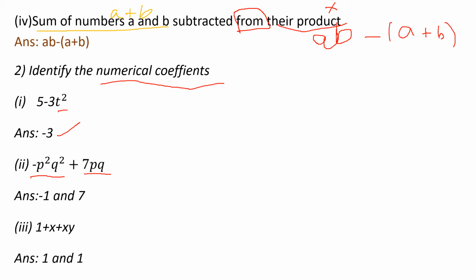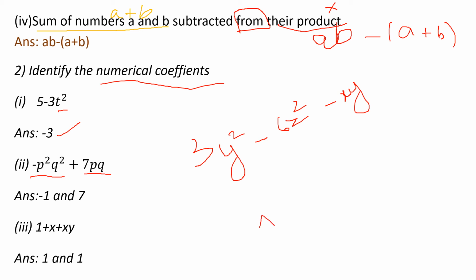I'm writing here 3y squared minus 6z squared minus xy. Write the coefficient for this: 3y square minus 6z square minus xy.